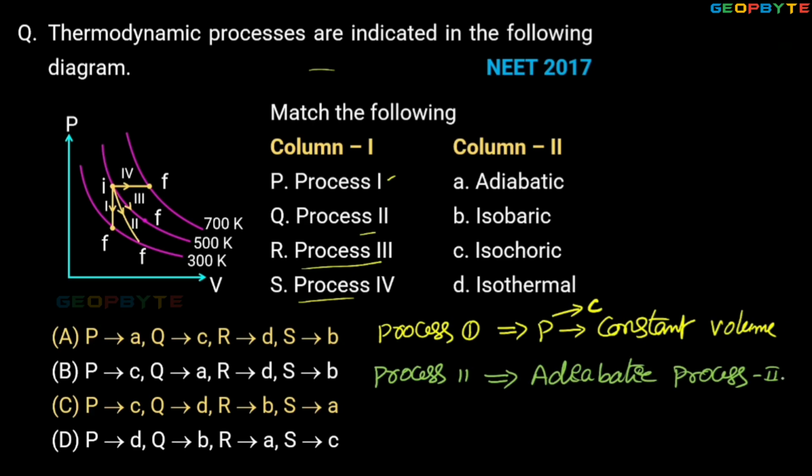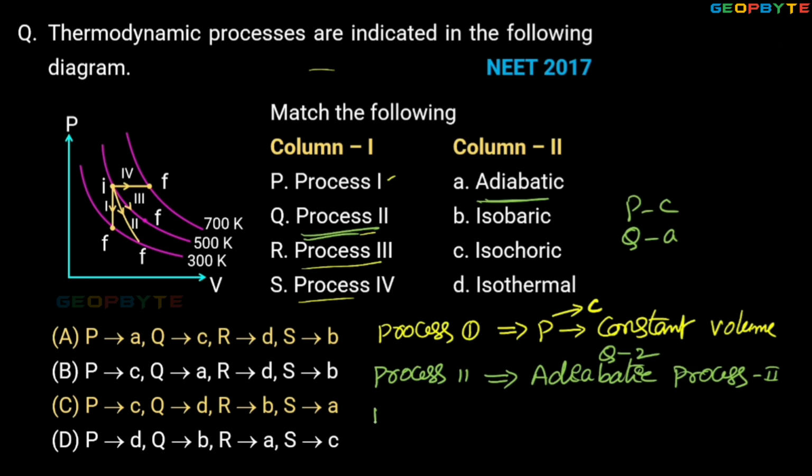Q2 is correct. From this I can write Q2; here P, C correct. Q2 means adiabatic, and adiabatic is A. QA is correct.